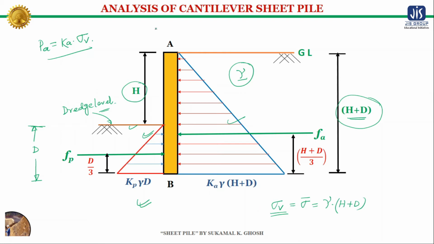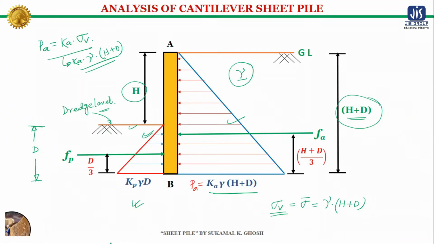If you put it here, you will have Ka into gamma into h plus D. So this will be the value of PA, the active earth pressure at the base of the sheet pile. You can see here at the base of the sheet pile the active earth pressure is Ka into gamma into H plus D. So this is the active earth pressure, that is PA.